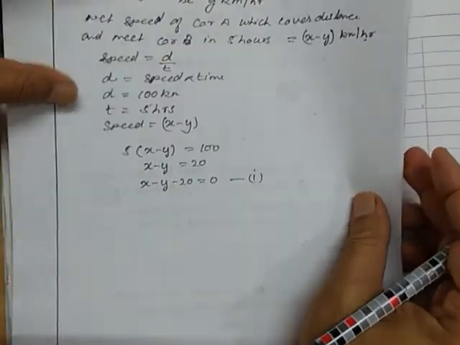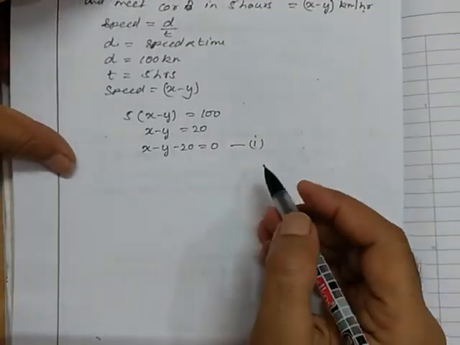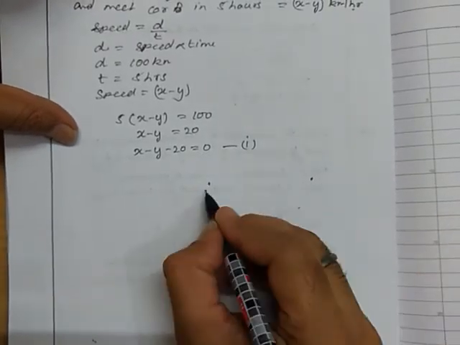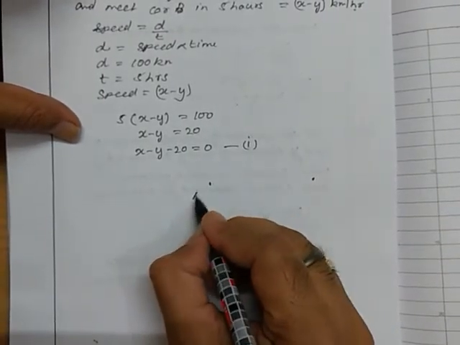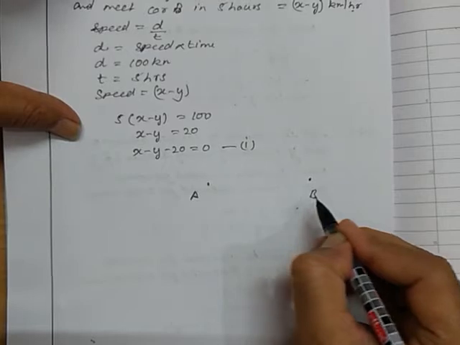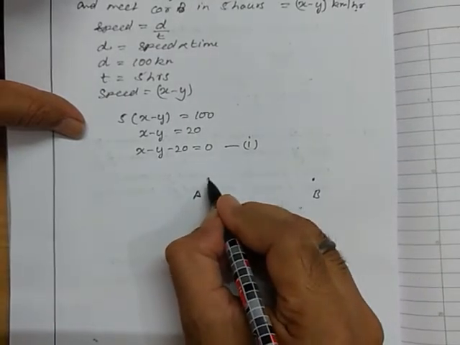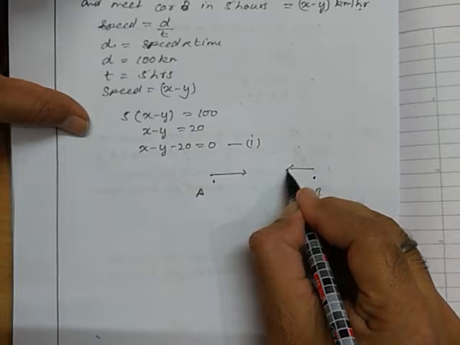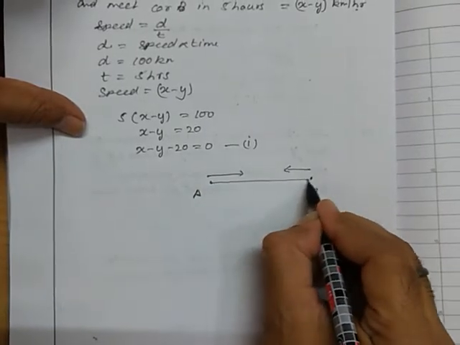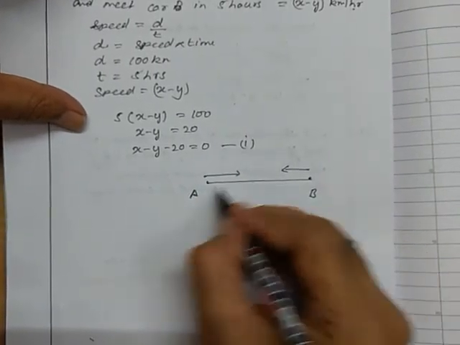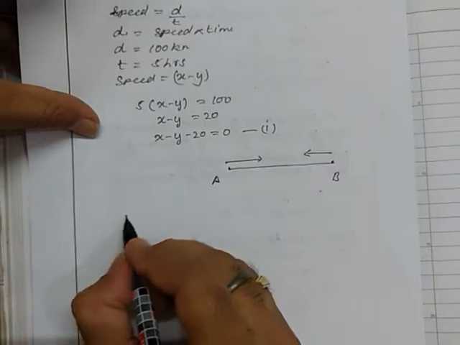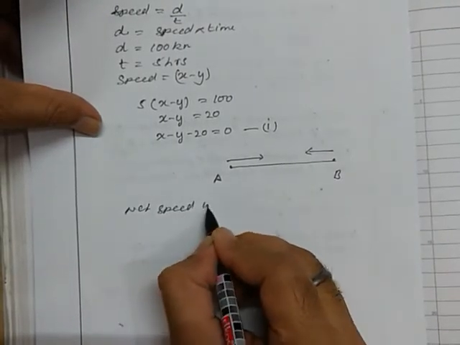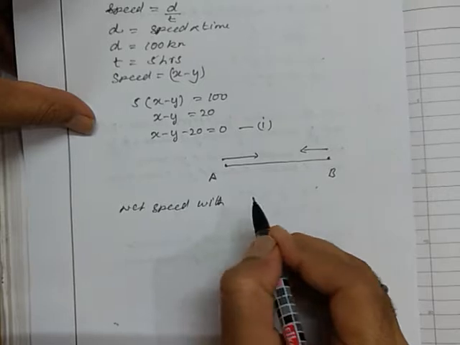Okay, now in the next part it says when the cars are moving in the opposite direction. So here it is your A point, and here it is your B point, and car A is moving in this direction and car B is moving in this direction. Are you getting it? Then what will be the net speed with which both the cars will meet?